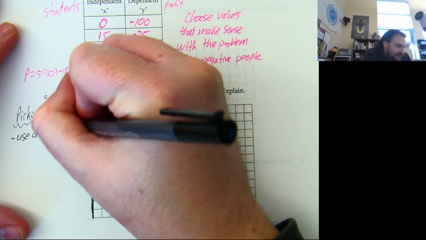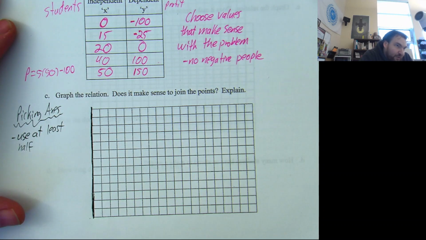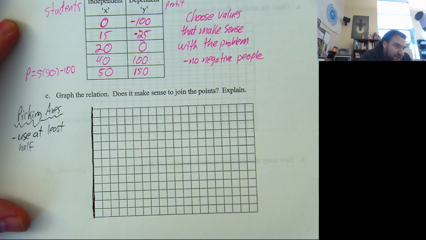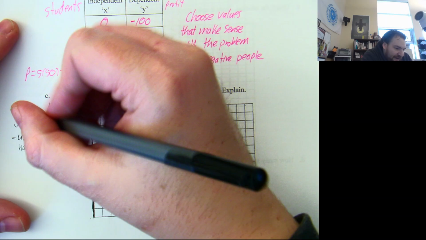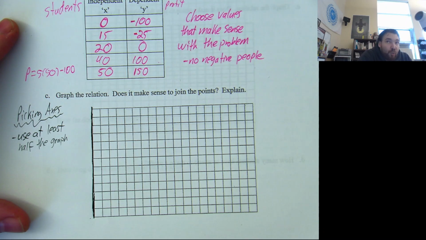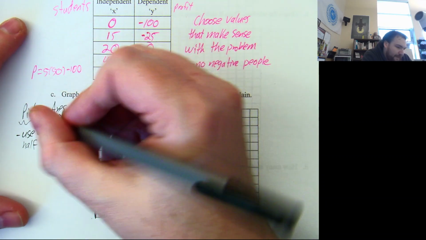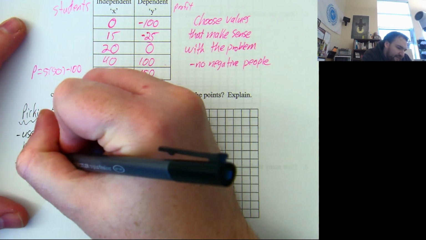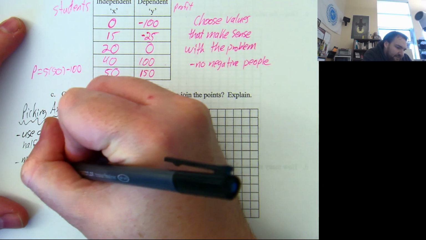Use at least half the graph. Remember the first day of school, I said these are my minimum level expectations. Show up prepared. We're not doing that. Use at least half the graph. So you want to separate out your values so that you're maximizing your space. You must have consistent spacing.